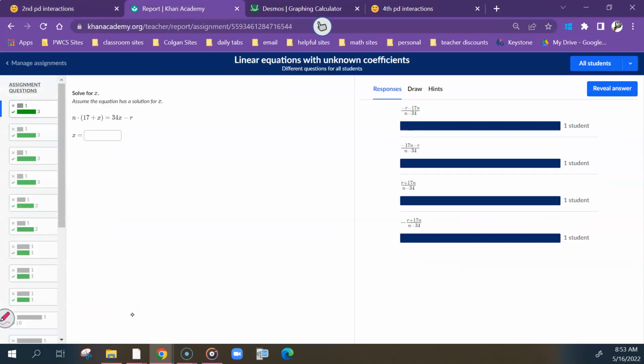One of your Khan Academies that we'll do on Friday was the one on literal equations. There are two different ways you may see these problems. I'm going to rewrite it.